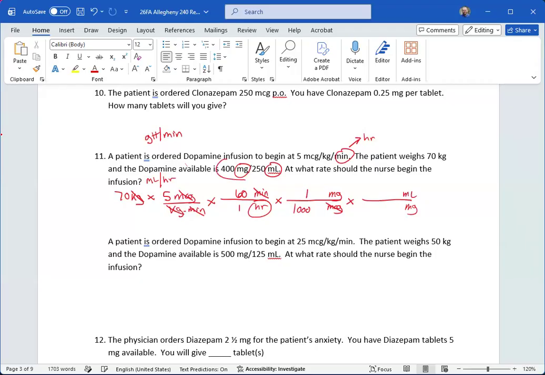So that's what this is up here, right? So I put the 400 with the milligrams, the 250 with the ml. And then before I do any calculation, before I do any math, now I can see that I'm left with ml per hour, which is what I'm looking for. And if you did this and you had ml per minute, your answer should be correct. I think if you took that 0.22 and multiplied by 60, let me just see.